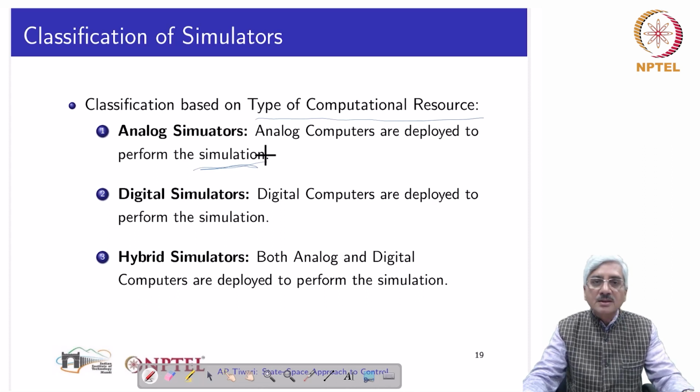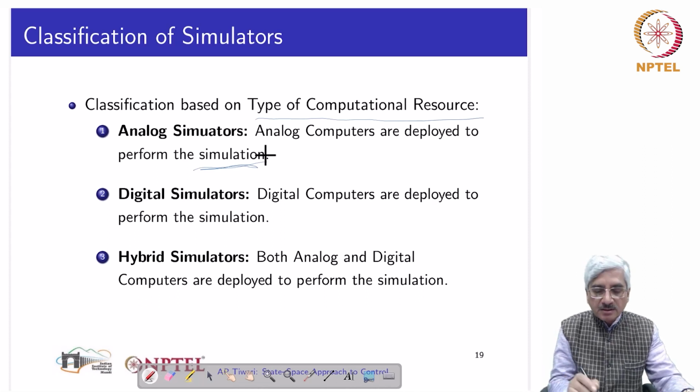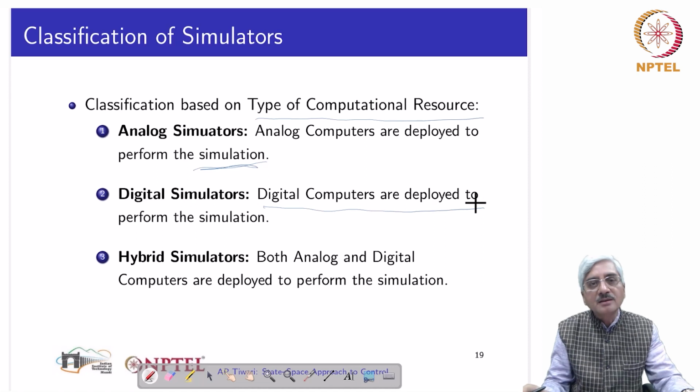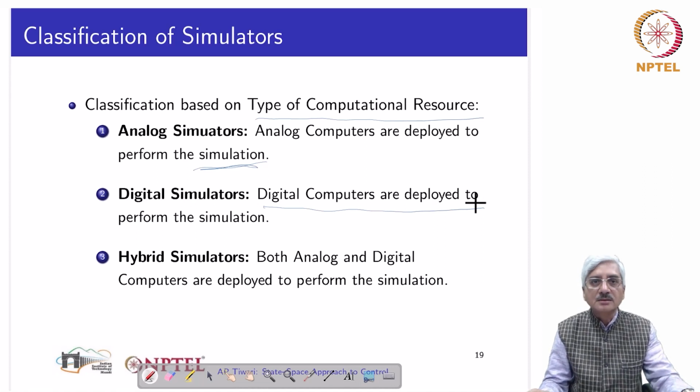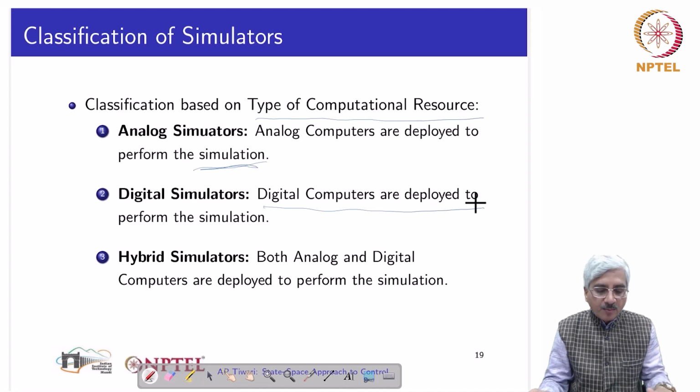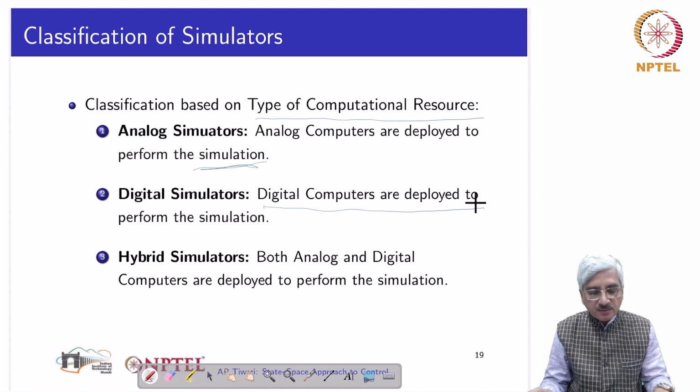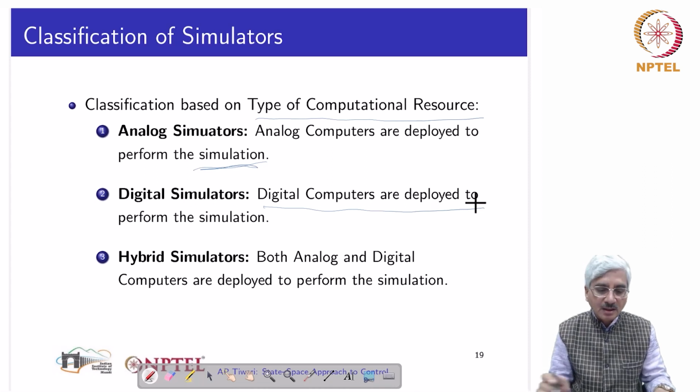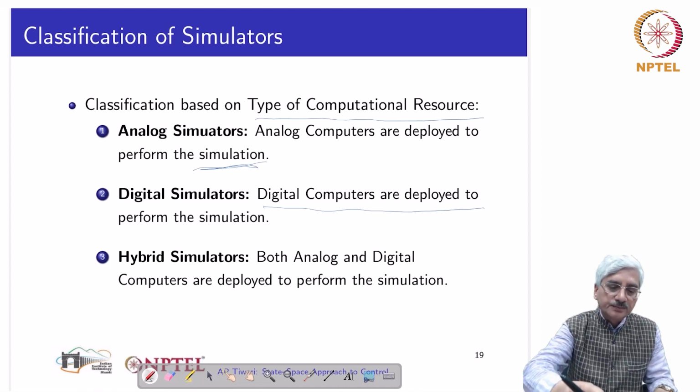We can have digital simulators in which digital computers are deployed to perform the simulations, and this is the trend these days. The possibility of hybrid simulation also exists, in which some part can be simulated in analog computers, analog simulators, and the remaining part in digital simulators.